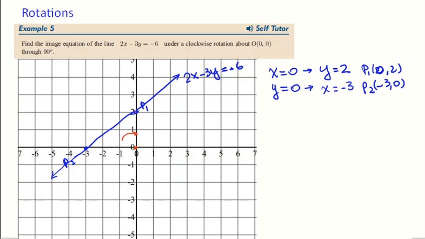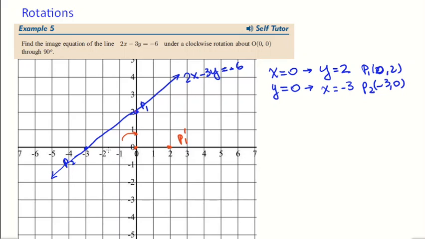So if the height was 2, x was 0, and y is 2, now it's going to be here. If you rotate this 90 degrees, it's going to lie here. So it was y equals 2 and x was 0, and now y is 0 and x is 2. So we know that this is our P1 prime.